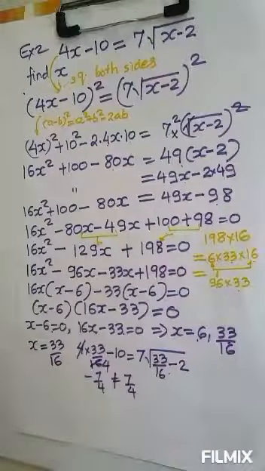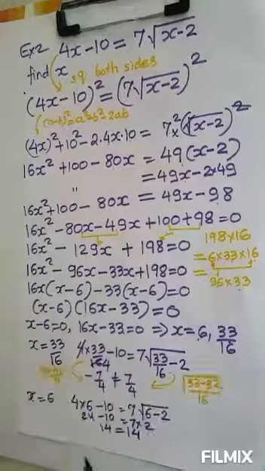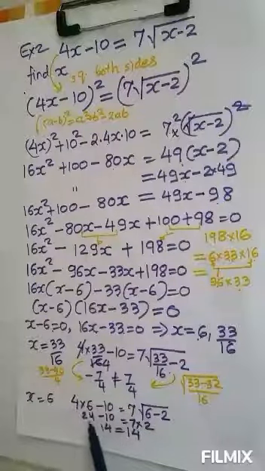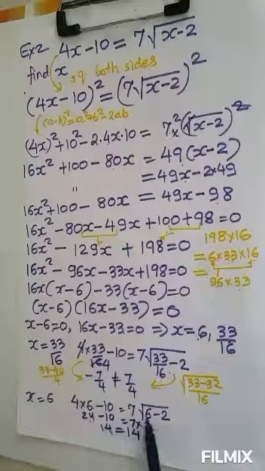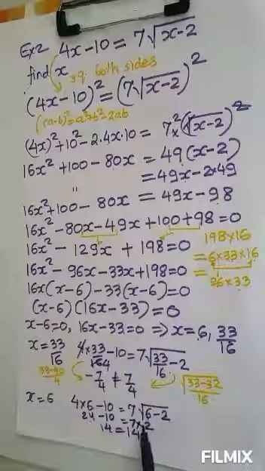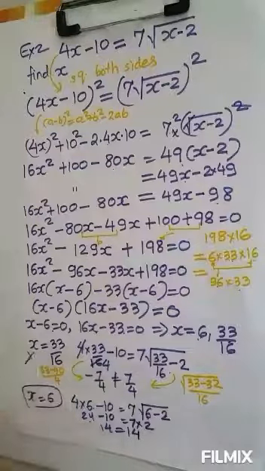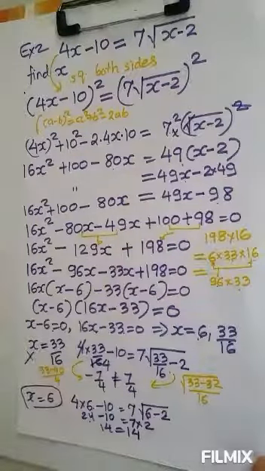So this is not equal. But if we substitute 6 here and here, 6 fours are 24 minus 10 is 14, and under root of 6 minus 2, which is 4, the root is 2, and 7 twos are 14. So 6 is a root, but 33 by 16 is not the root. So this is an extraneous root.